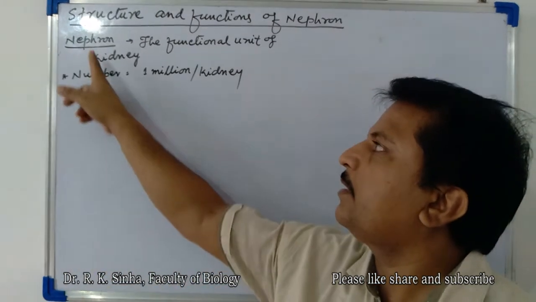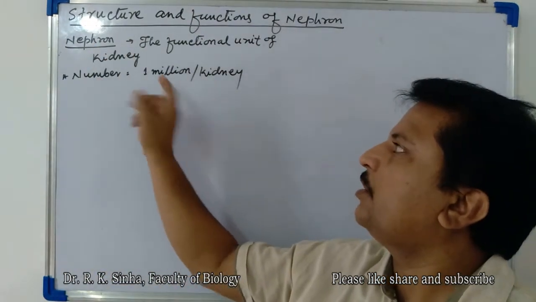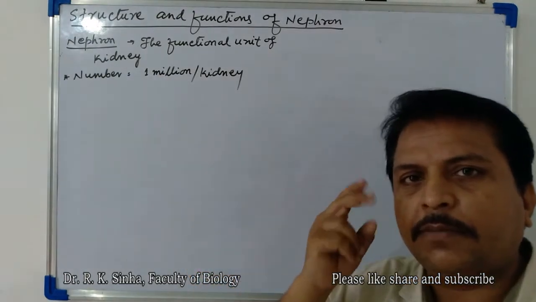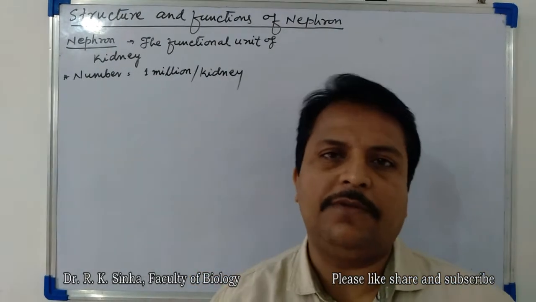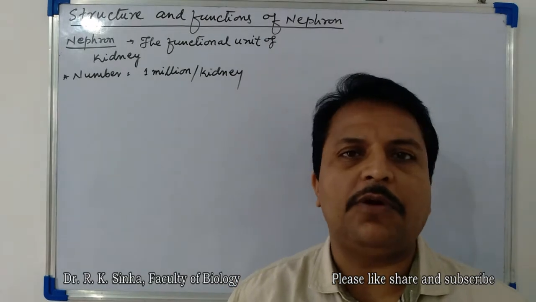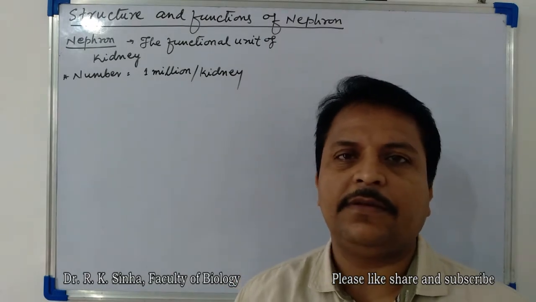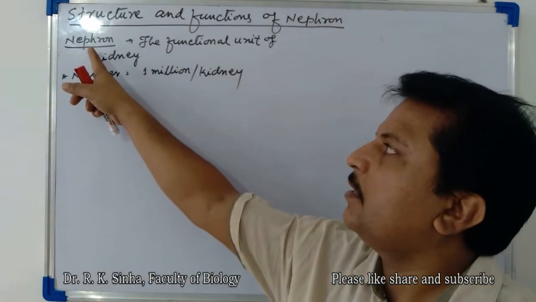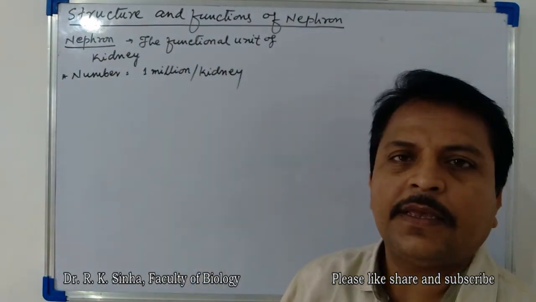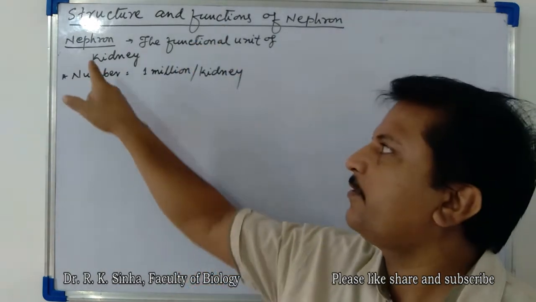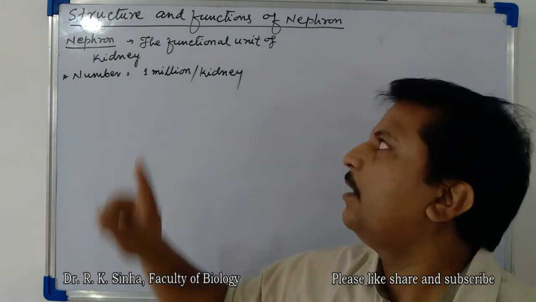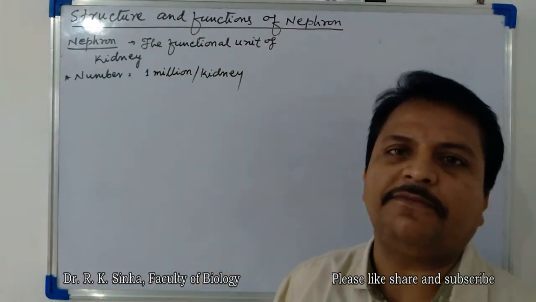The number of nephrons in each human kidney is 1 million, meaning there are 2 million nephrons in the human body in 2 kidneys. Okay, so we will discuss the structure and function. First we will discuss the structure of the nephron, then we will discuss the function of the nephron.